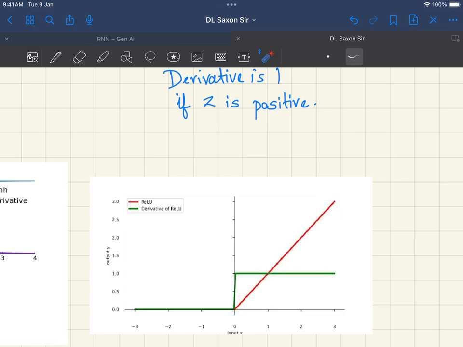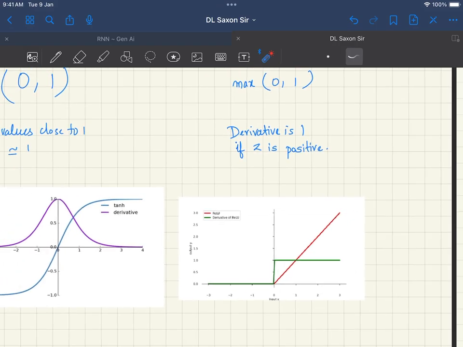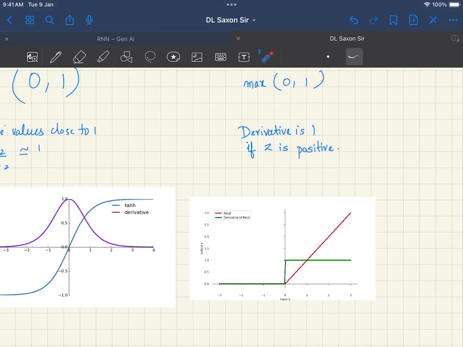So for an extremely large value, it's going to be a very large value, and the gradients will be so large that the weight updates will take really long. This is called exploding gradient.